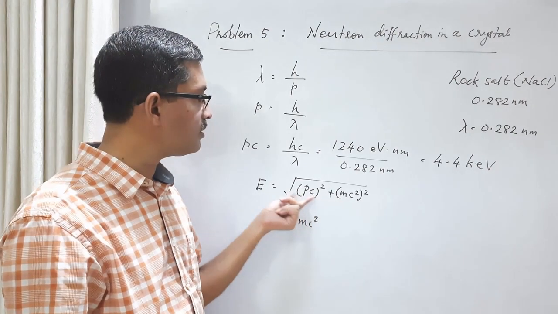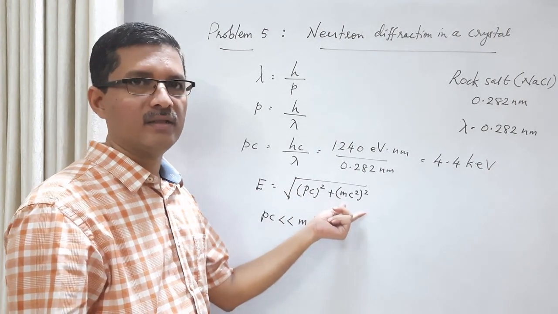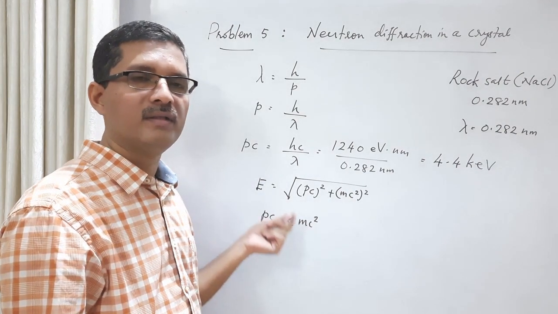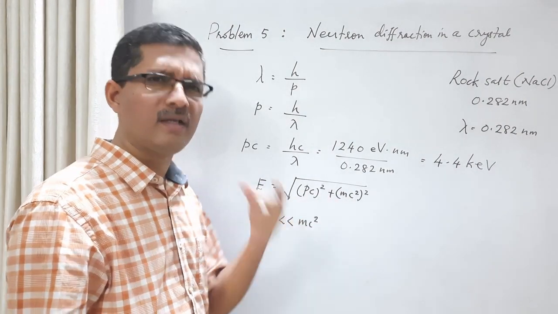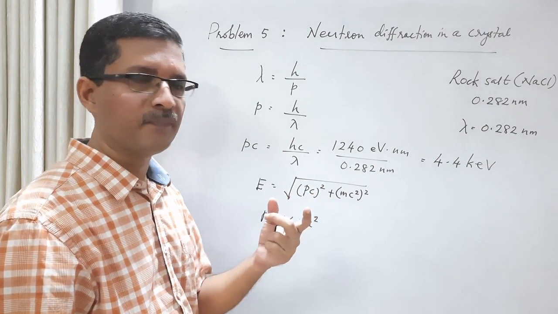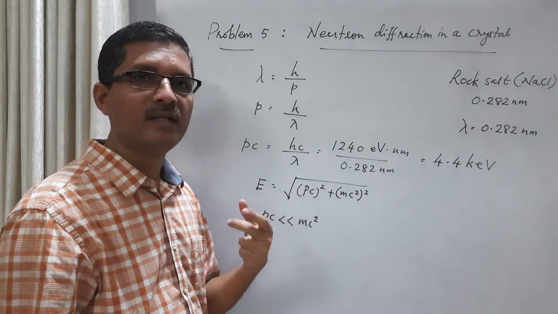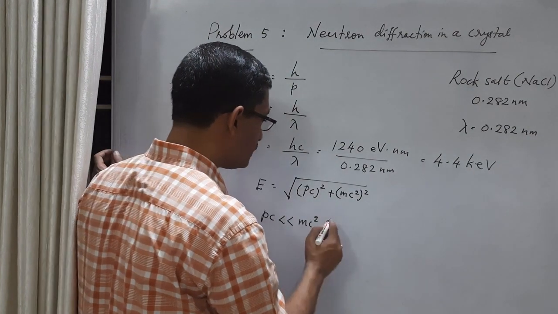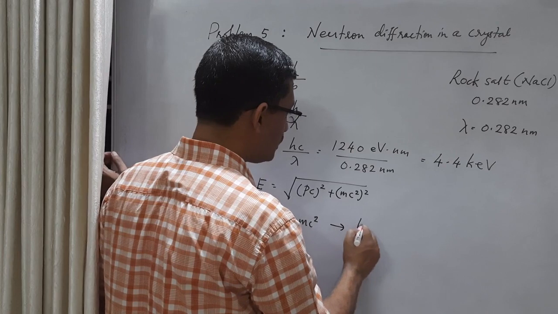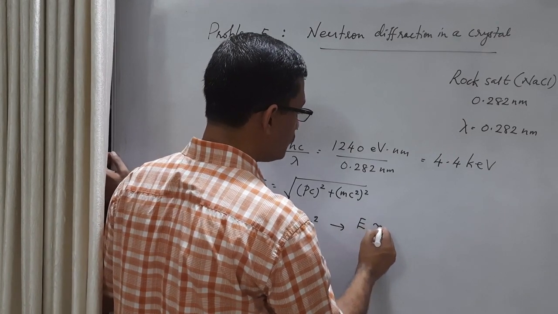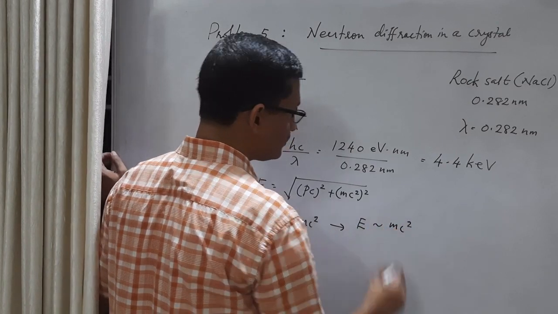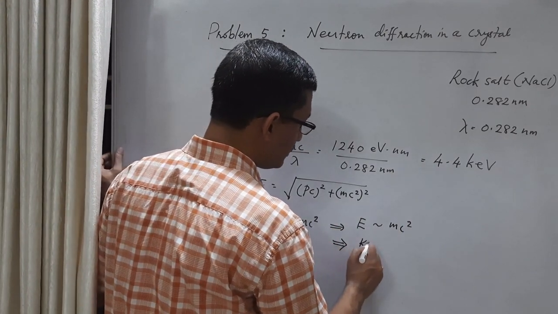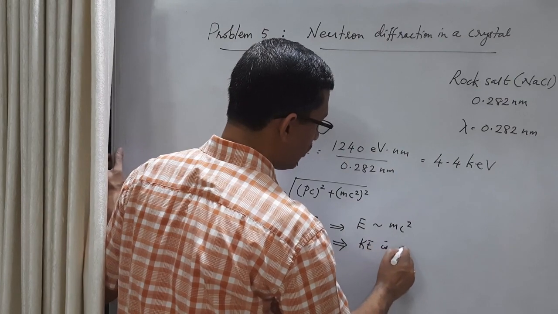So if pc is 0, total energy is rest energy. Therefore, if pc is very small compared to rest energy, then the total energy must be very close to, slightly above, rest energy, which means that the kinetic energy is very small. So if pc is very small compared to rest energy, we can say total energy is of the order of rest energy, which means that kinetic energy is small.